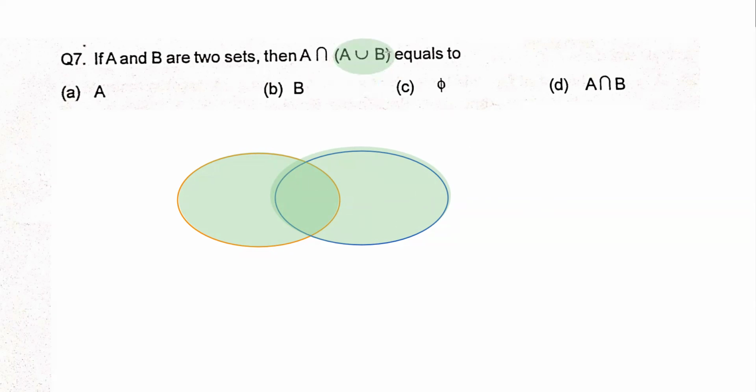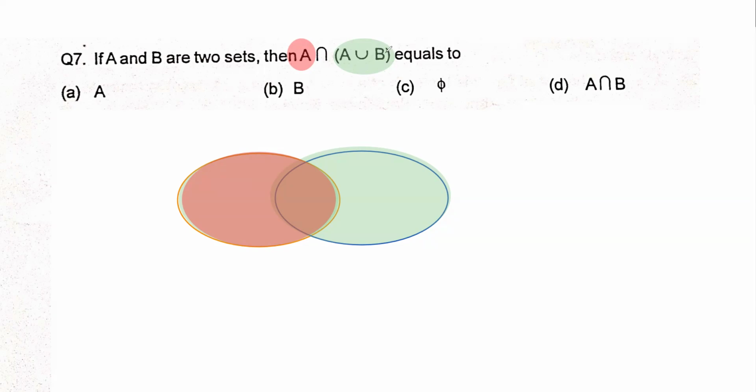Now they're asking its intersection with set A. So the set A is what I took here. What you can see is that the red is overlapping with the left-hand side of the green portion.